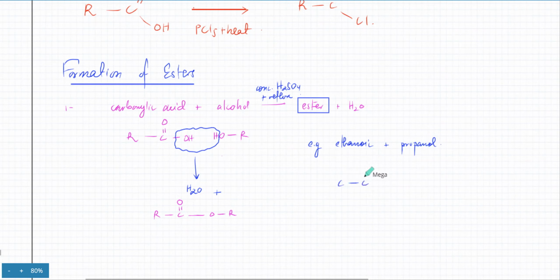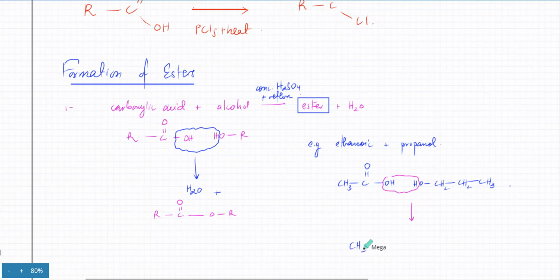It's going to be two carbon atoms. This is going to be a carboxylic acid group. There would be three hydrogens over here. The other one would be a propanol molecule. It has OH. Make sure that the functional groups are pointing to each other. So one of the molecules has to be drawn the other way around. Get rid of the OH and the H. They would end up forming water molecules.